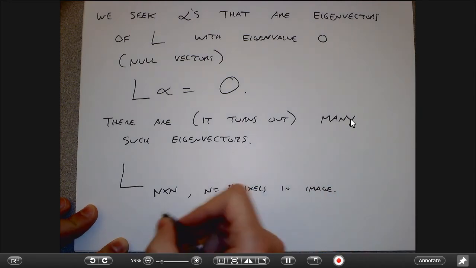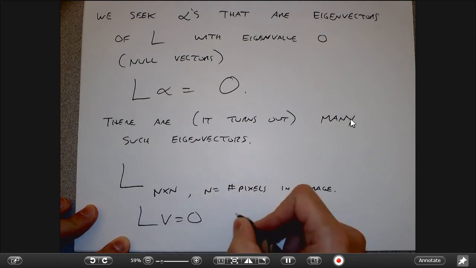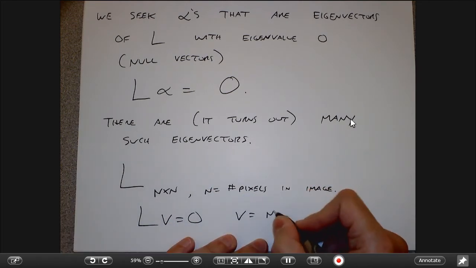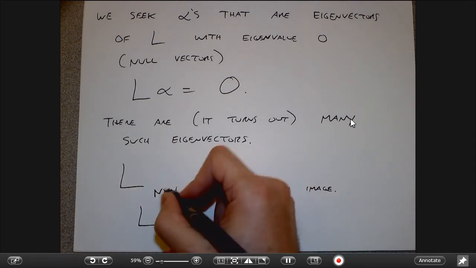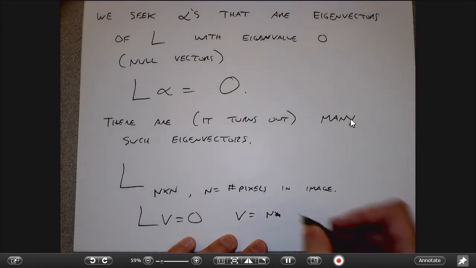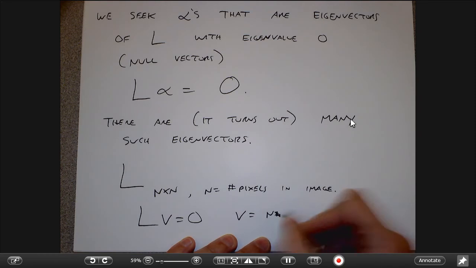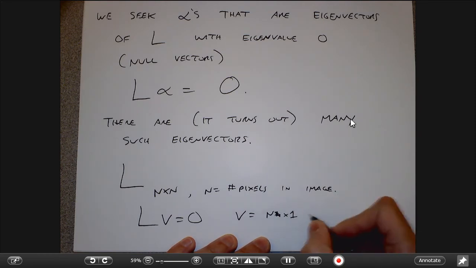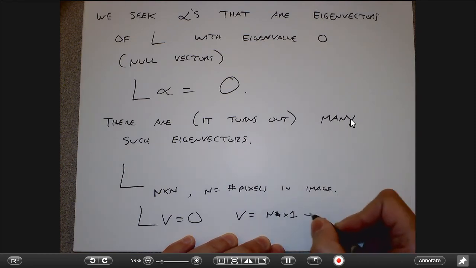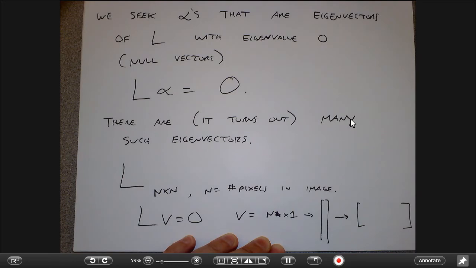So for an eigenvector of L, say I have LV equals 0, where V is n by 1. What I could do is turn this long, skinny vector back into what looks like an image.